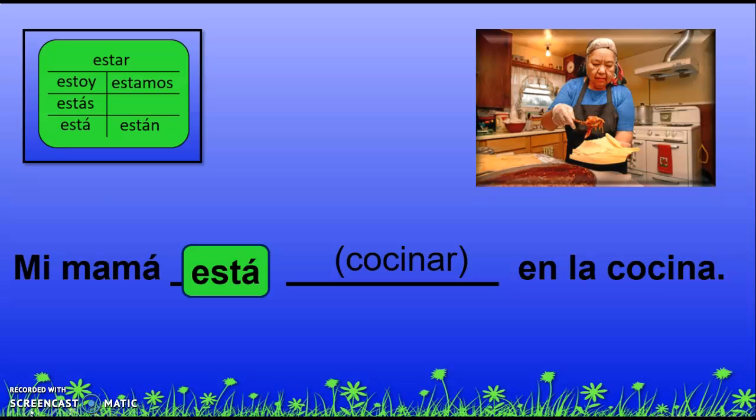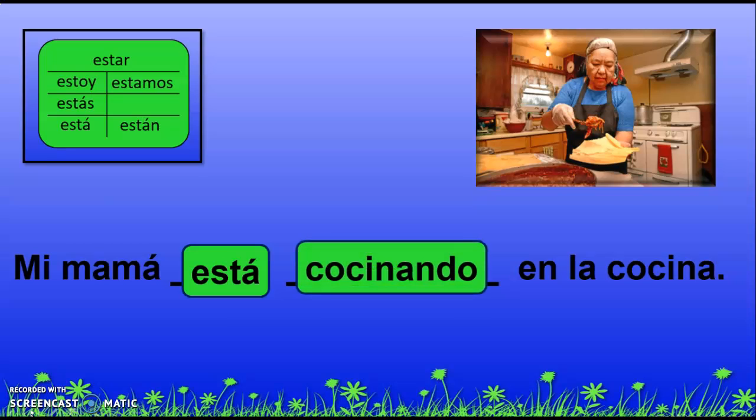Cocina is the word for kitchen. Cocinar, to cook. So to cook in the cooking room, right? So in order to make this present progressive, you're going to have to take off the AR on the verb cocinar and add ando to it because it's an AR verb. So you will get cocinando. Mi mamá está cocinando en la cocina. My mom is cooking in the kitchen.